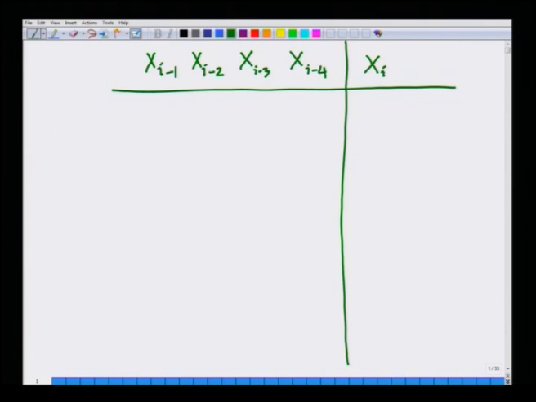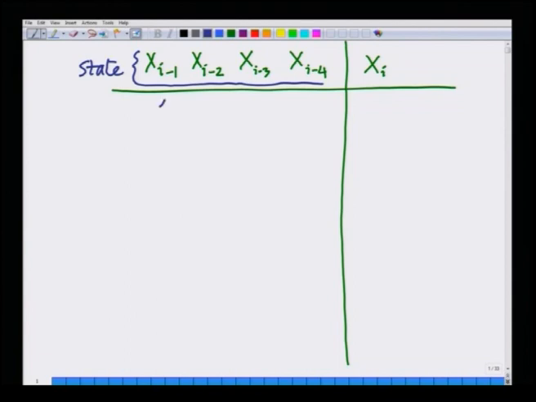These values xi minus 1 through xi minus 4 are also known as the state of the linear feedback shift register.